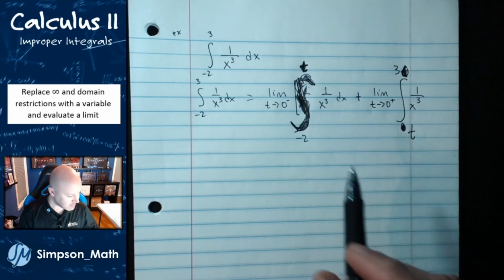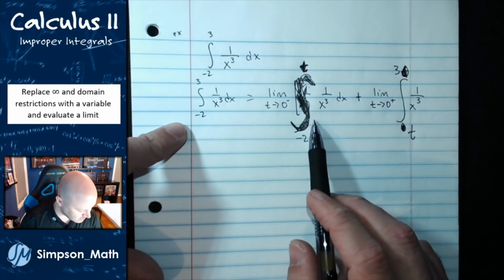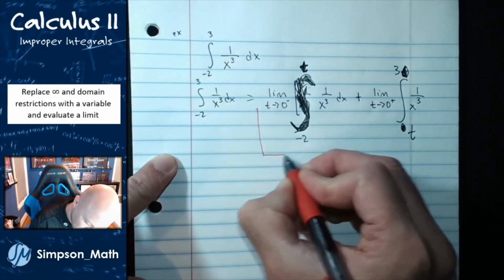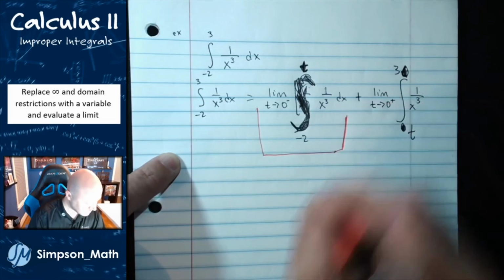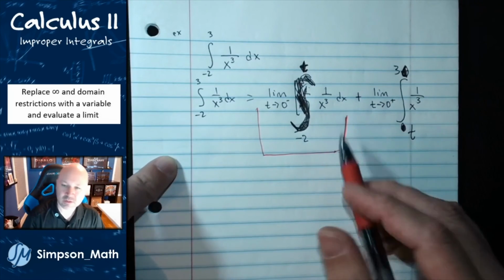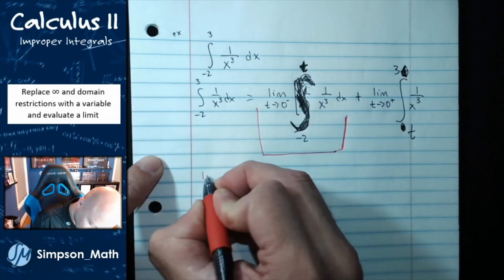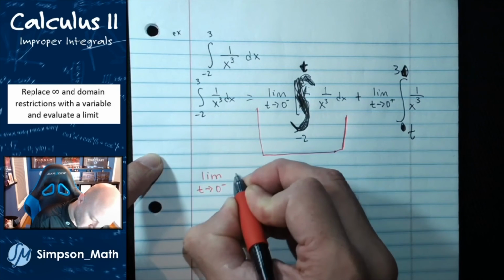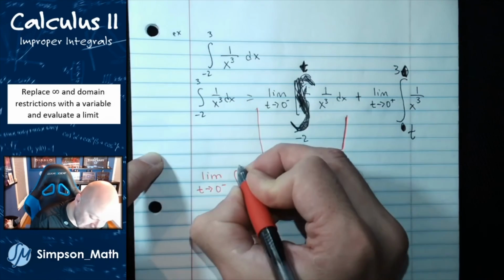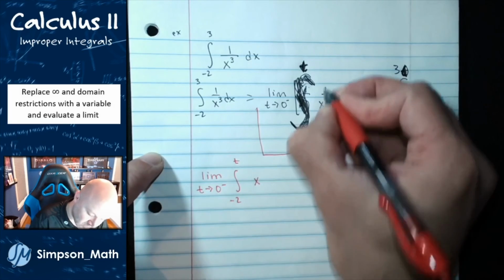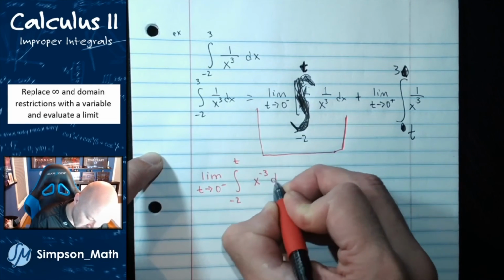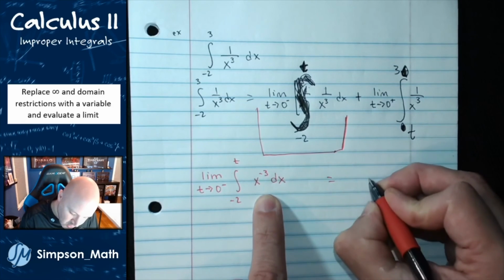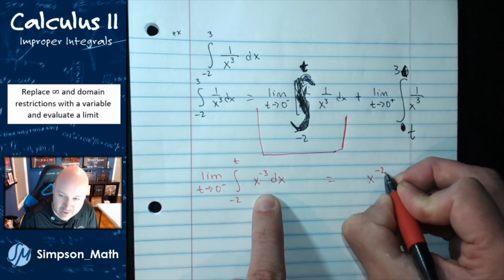Now let's just do it. I'm going to take a look at this first one. Let me underline in red the one I'm going to be looking at. And that's just a power rule. I can handle this. I like to rewrite the powers as powers. So 1 over x cubed is x to the -3rd. So then I know this will be, you increase it by 1, so -2nd power.